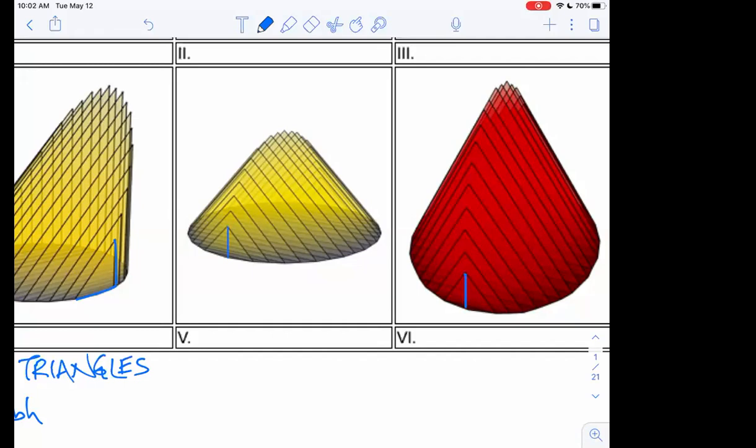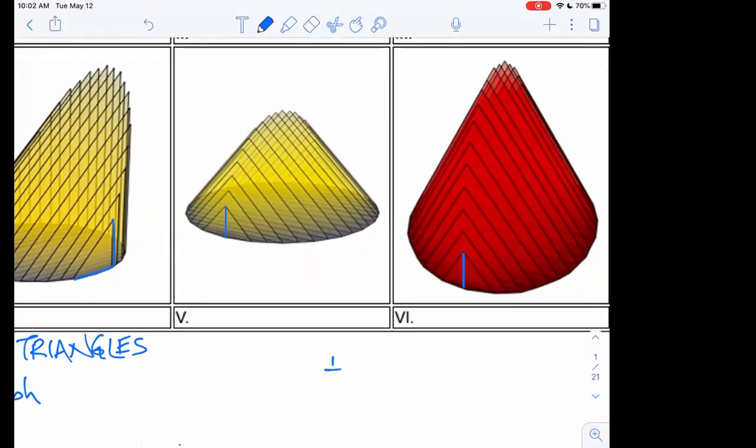So we can still use the formula of 1/2 base times height, but we'd have to figure out a way to find the height in our rectangle. So 5 and 6 would be a little bit more work than number 4.